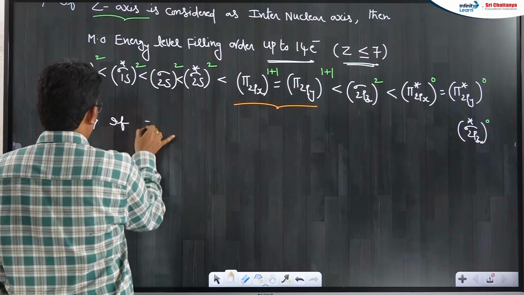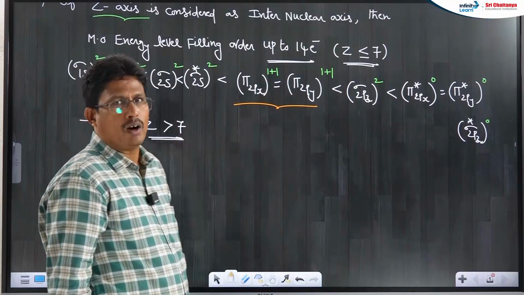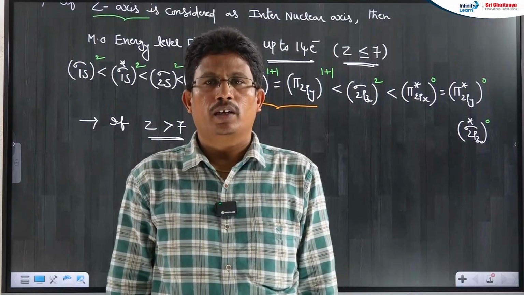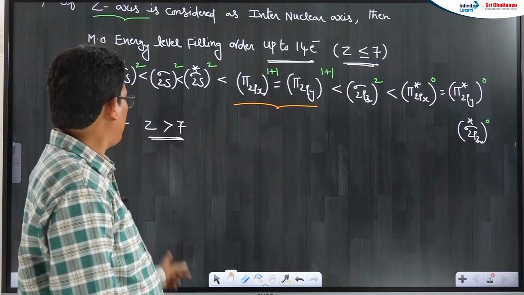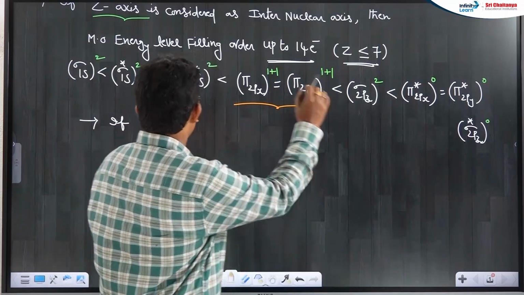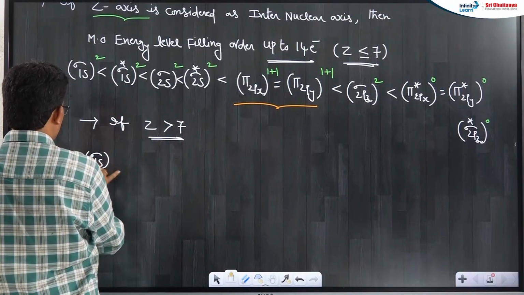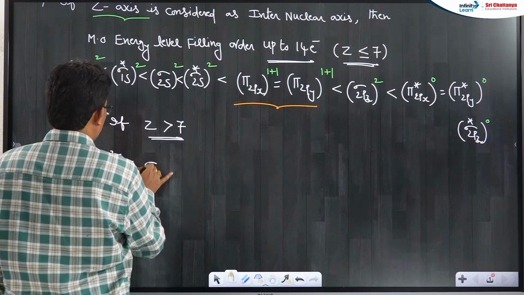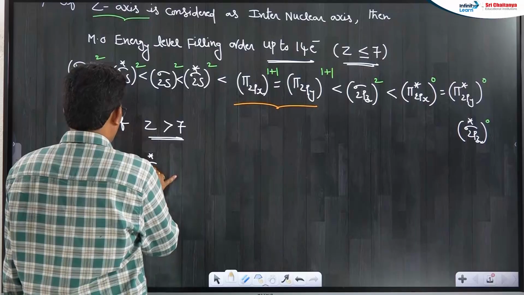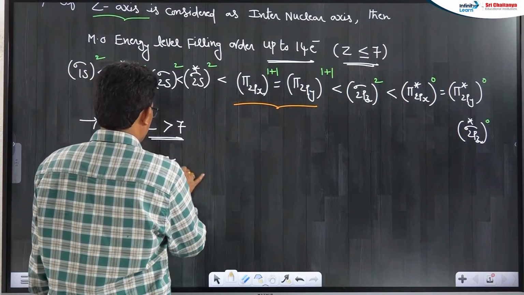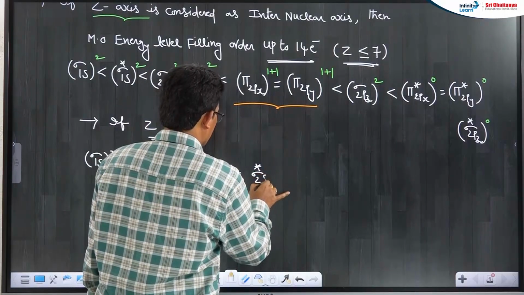If Z value is greater than 7, then the molecular orbital energy level order is different. That means heavier elements like oxygen, O2 and F2. While filling electrons into O2 and F2, the filling order is like this. The first 4 orbitals remain the same: sigma 1s, star sigma 1s, sigma 2s, star sigma 2s.